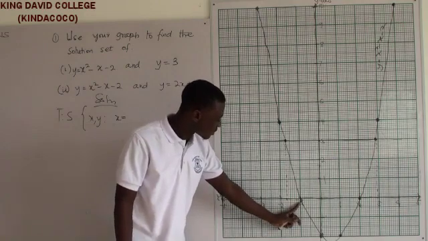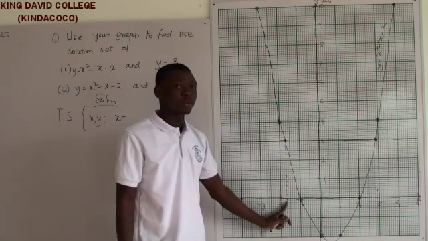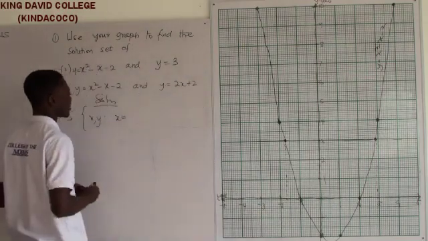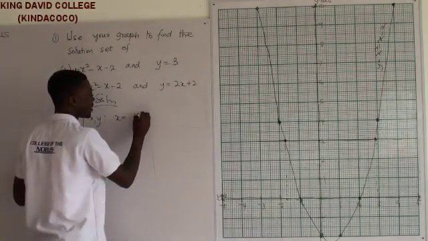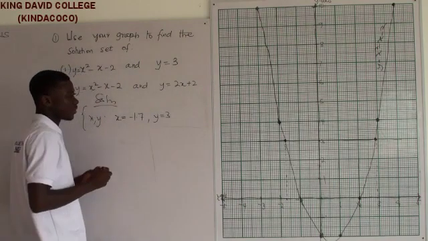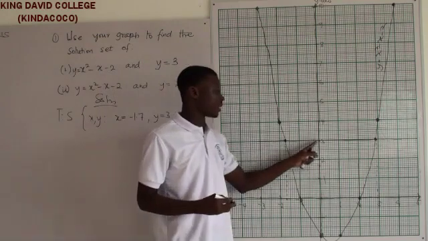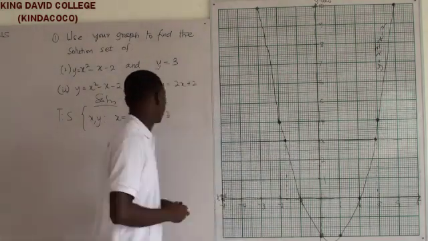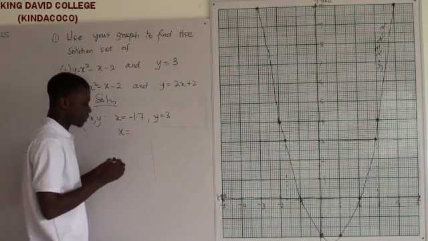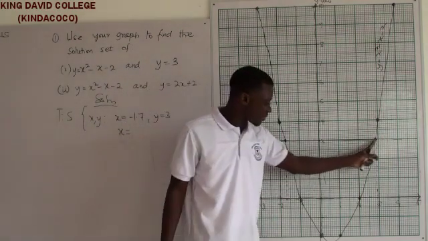If this is minus 1, then this is minus 1.7. You can read it. So x is minus 1.7, whilst at that place y is equal to 3. That one we know already. And also x is equal to, then you come to this side as well.